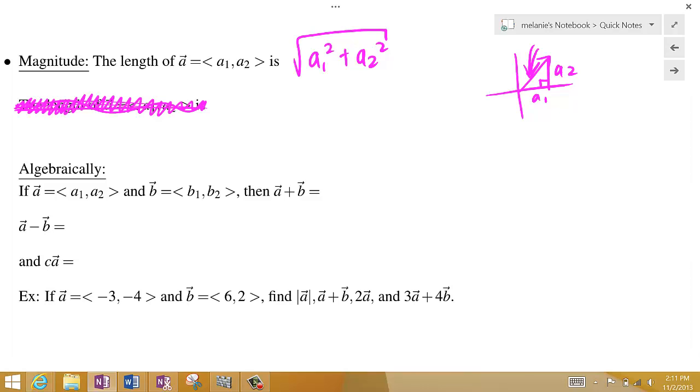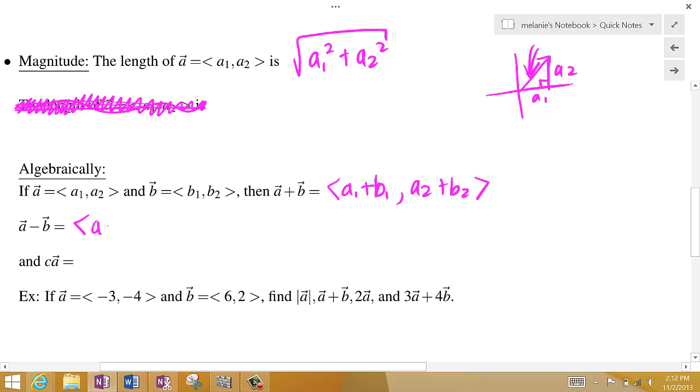Algebraically, if A is equal to the vector A1, A2, and B is equal to the vector B1, B2, I can add them component-wise as A1 plus B1, comma, A2 plus B2. We talked about how to graph them geometrically. Now we just add the components if we're going to look at them algebraically. If I want to subtract, I just subtract their components.